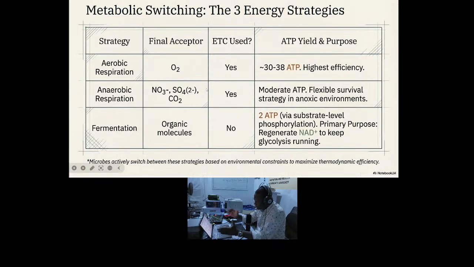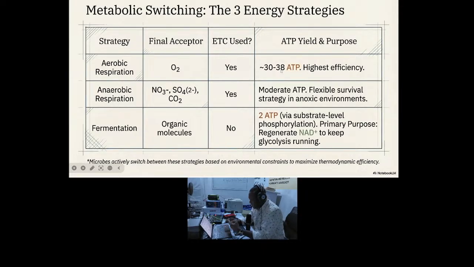Okay, so now metabolic switching, which I've told us about. These are the three strategies of energy: how cells get energy and how they make it available. In aerobic respiration, from glucose down to where oxygen is used, the number of ATP yielded is between 30 and 38.